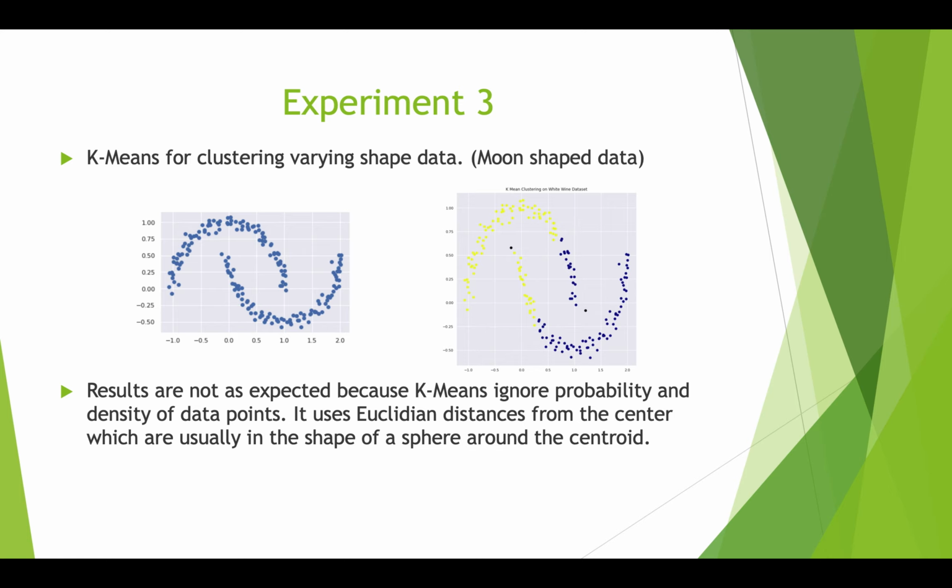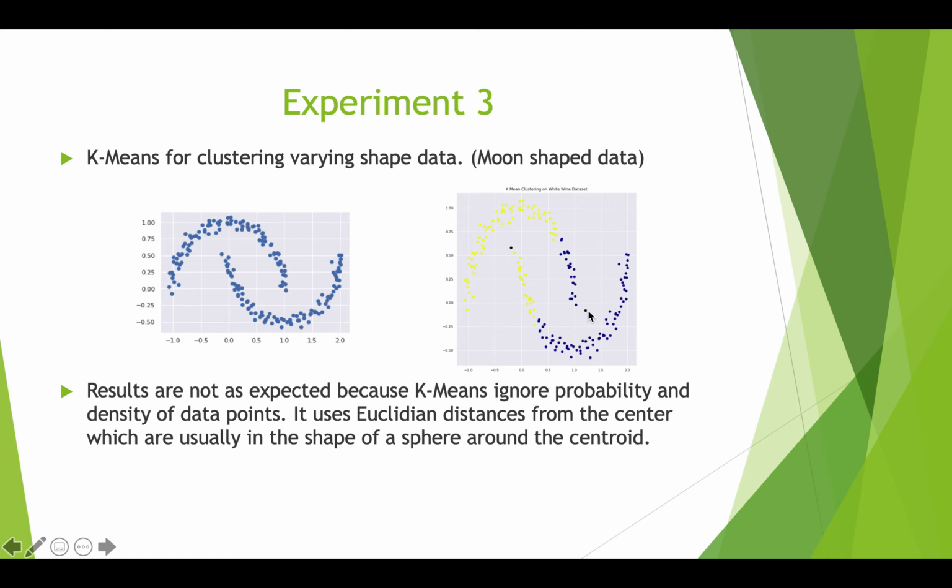So when we have data like moon-shaped data, which has a figure pattern, we can clearly see through our eyes that one cluster should be the arc on the upper side and one arc on the lower side. But when we run k-means clustering on the same data, we get two centroids. One is this and one is this.